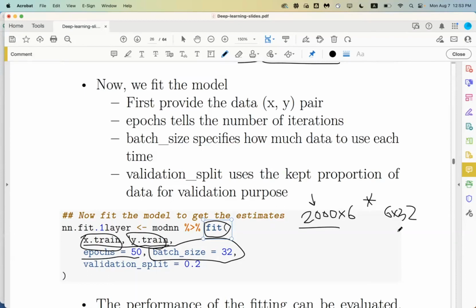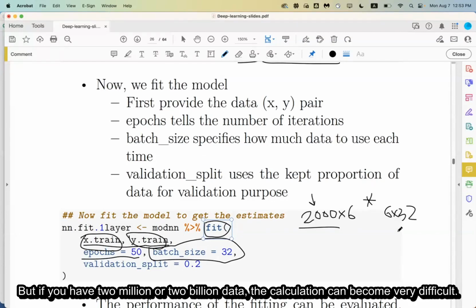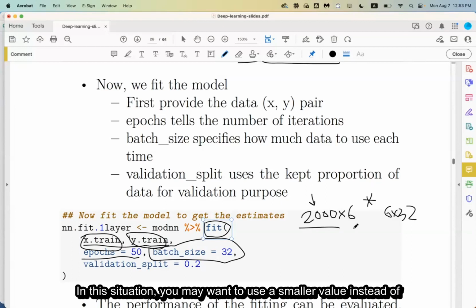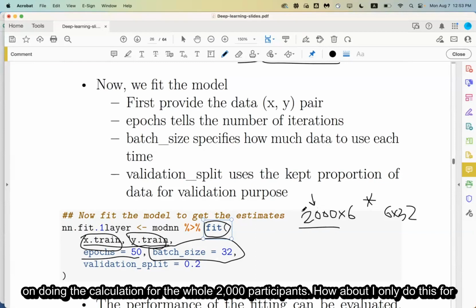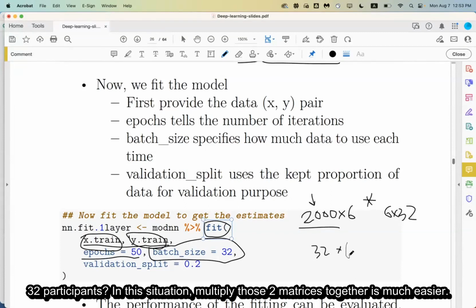And when you have 2,000 rows of data, this is still not that difficult to do the calculation. But if you have 2 million or 2 billion data, the calculation can become very difficult. In this situation, you may want to use a smaller value instead of doing the calculation for the whole 2,000 participants. How about I only do this for 32 participants? And in this situation, multiplying those 2 matrices together is much easier.